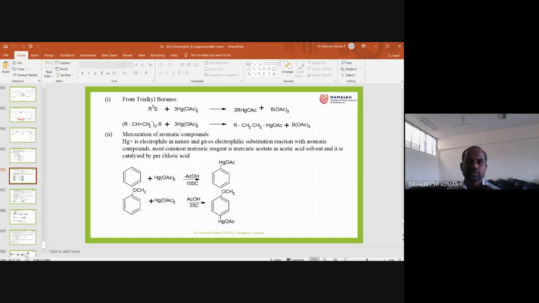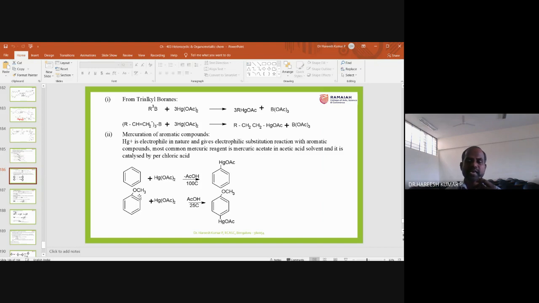Suppose there is a substituent. Look here, there is a methoxy substituent. You know that methoxy is an electron releasing group. I think you are aware about orientation: because a substituent is already present in the benzene, that substituent orients the incoming electrophile.